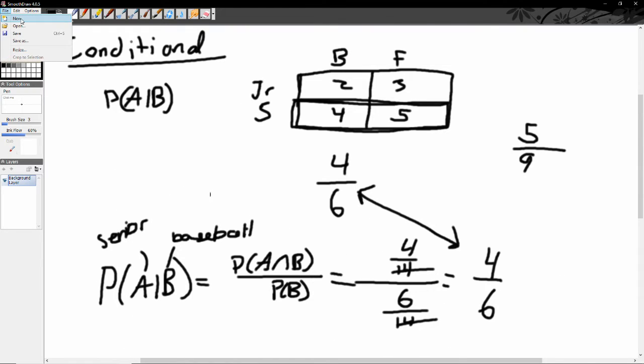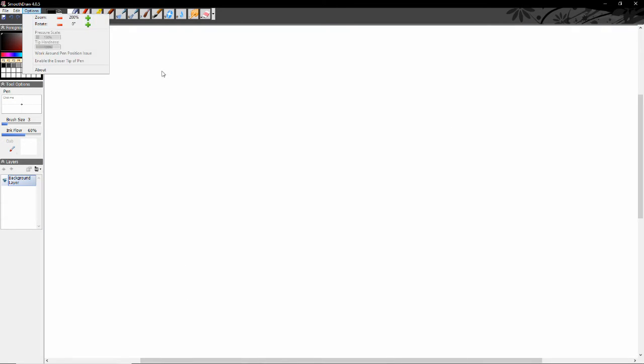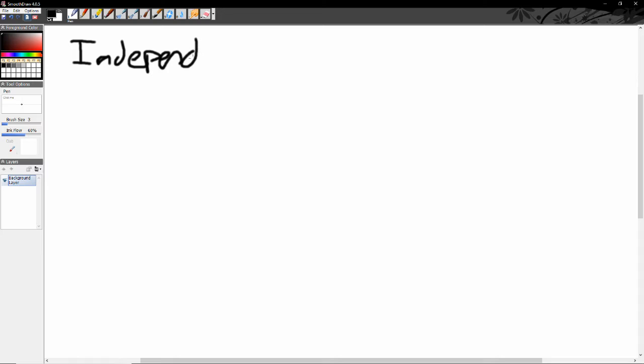And the last type of thing that you need to know before we can begin to look at practice problems is independence. Oftentimes, probabilities will not have an effect on one another.